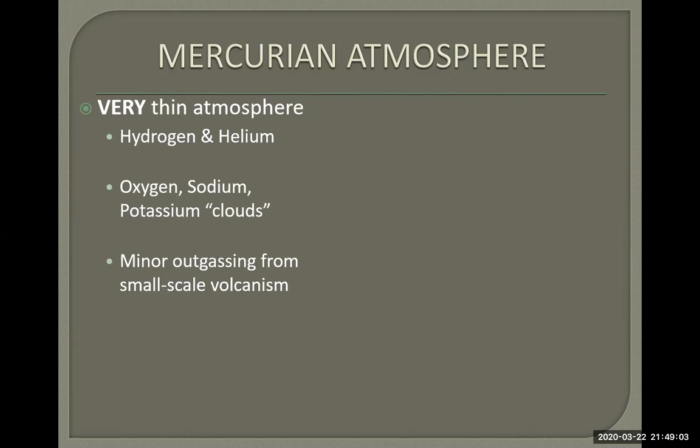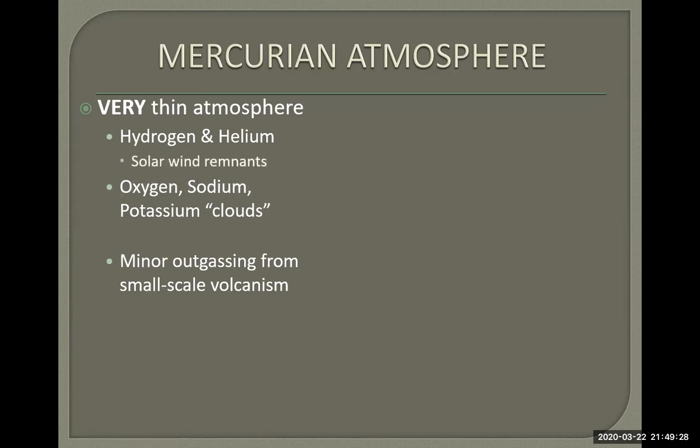I think that's a less accurate title, but this idea of the exosphere, the outermost layer of an atmosphere, is very unique because for Mercury, we've detected hydrogen and helium gas molecules, oxygen, sodium, and potassium clouds, and that's being excessively generous. And there's also some minor outgassing, or gases that are associated with very small-scale volcanic events on Mercury's surface.